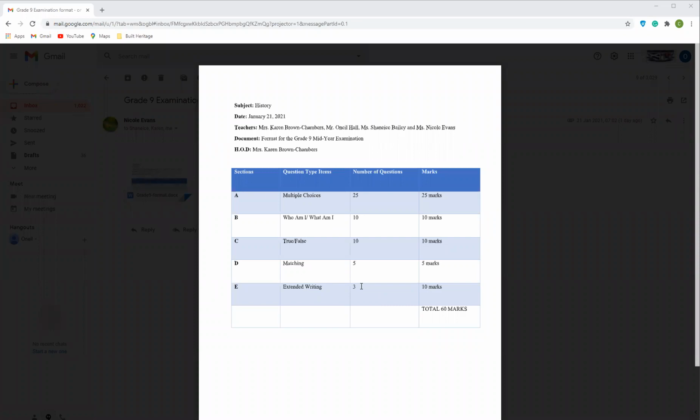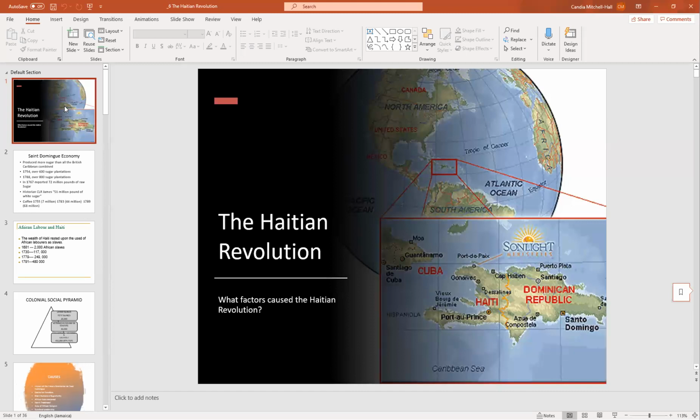All right. So ladies, I'm going to send you this document at the end of the class. Now we're going to start to look at the Haitian Rev. It's very important to look at the Haitian Rev because it's coming on the exam.